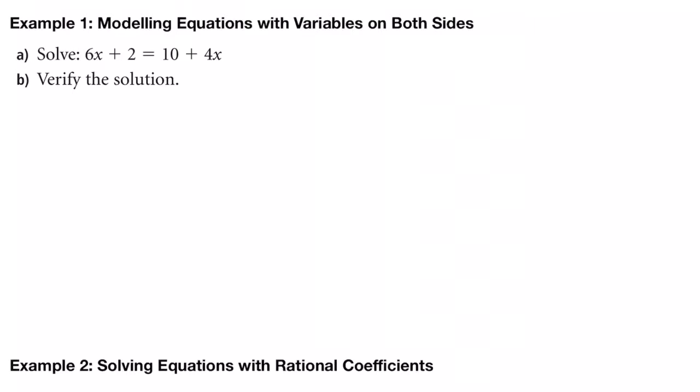And what we want to do is get our variables all on one side of the equation. So this is how we do that. I want to move this 4x over to the other side, so I want to get rid of it on one side.